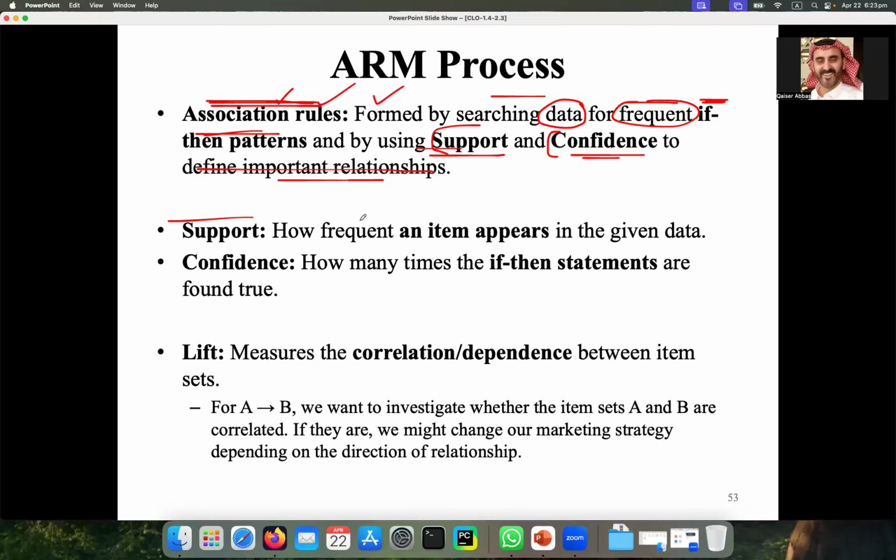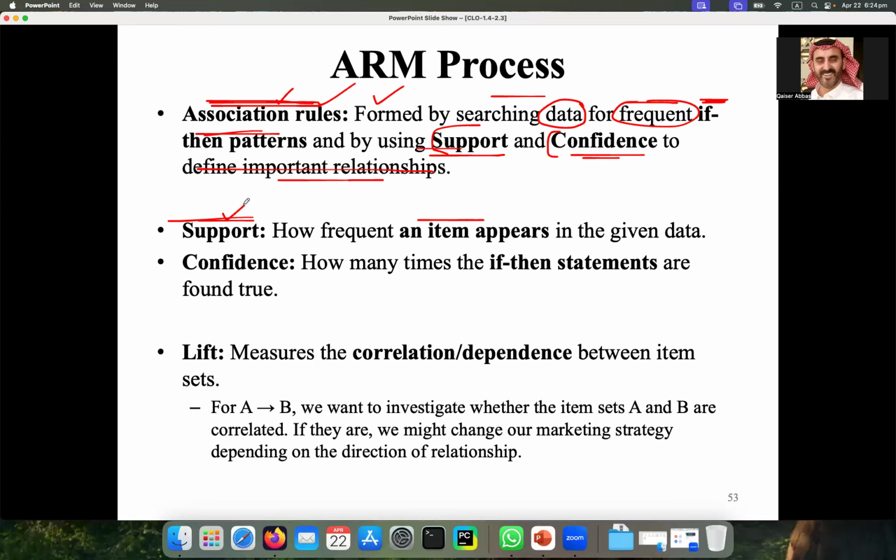In your data, how frequently an item appears is called support. For example, if in the data some product 1 is appearing 150 times, that 150 is the frequency, the count.